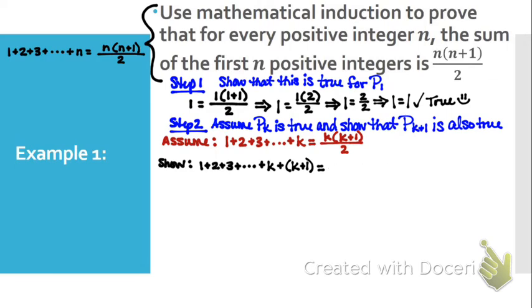Anywhere we have a k in red, I'm going to replace it with k plus 1. So this k right here, I'm going to replace with k plus 1. This k right here, I'm also going to replace with k plus 1. Over 2.